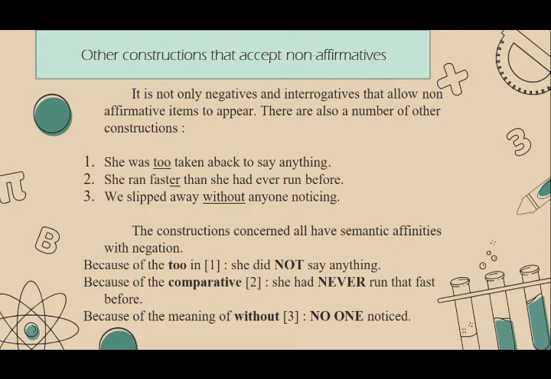And we slipped away without anyone noticing. This also has semantic fitness with negation because of the meaning of without. It shows that no one noticed. So all these sentences have semantic fitness with negation.